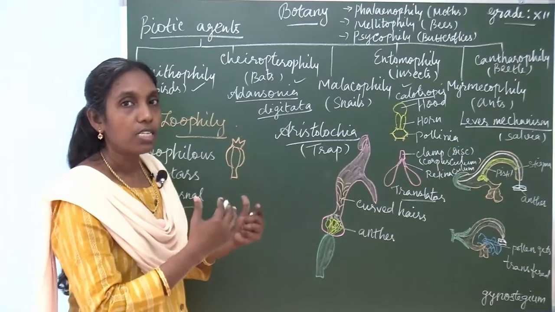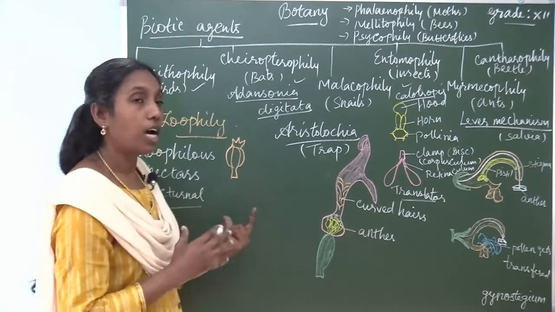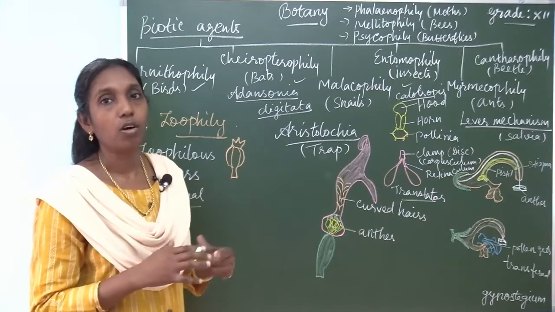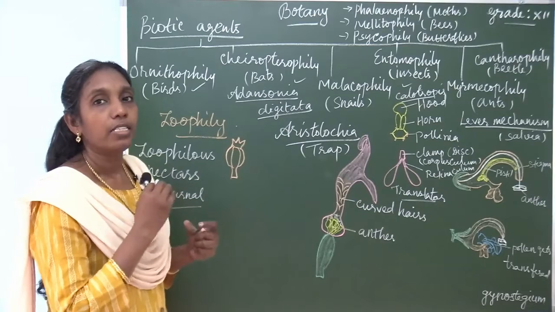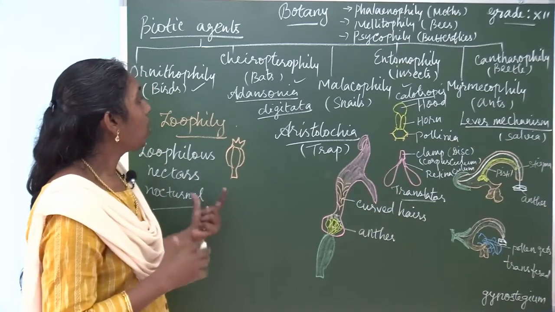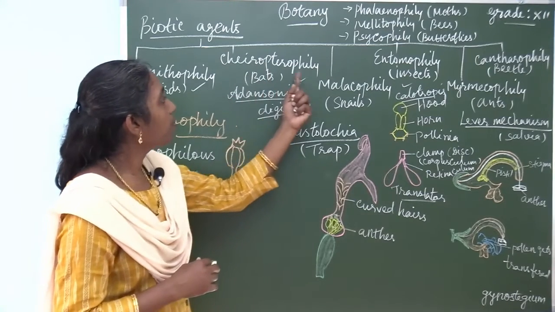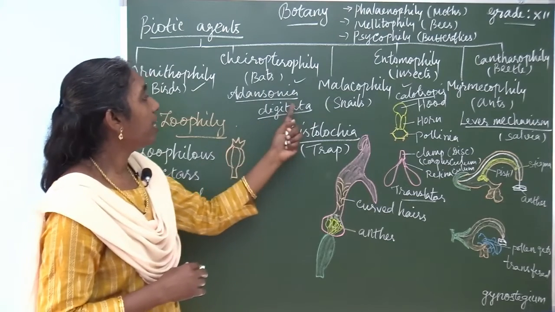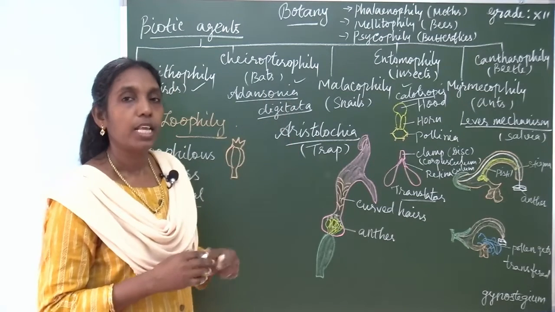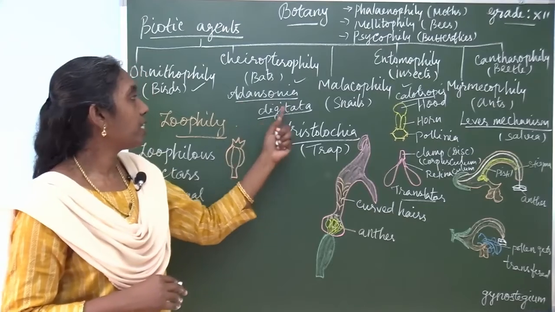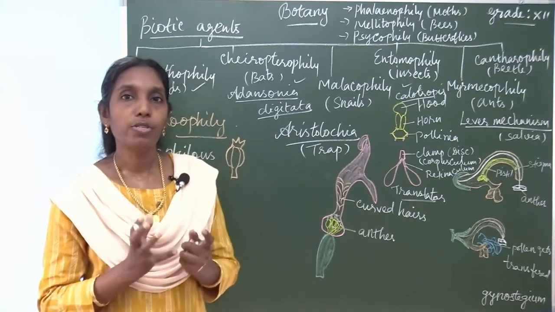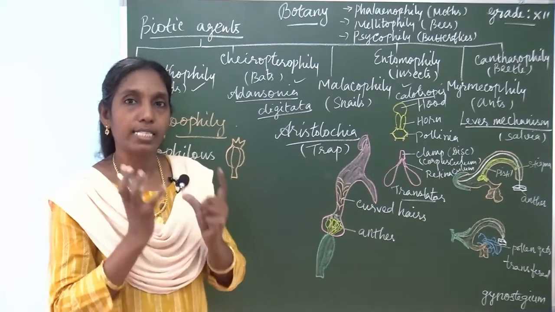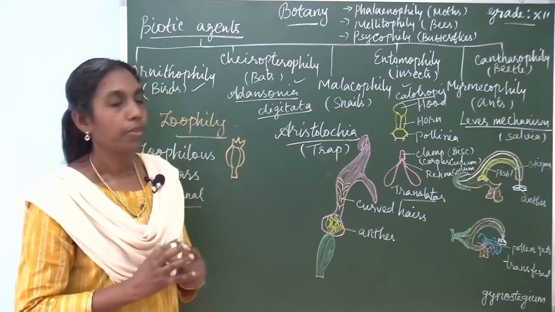They are scented flowers, producing odor, and nectar is present there. A common example of a chiropterophilous flower is Adansonia digitata. In this, the flower produces a ball of stamens and stigma.